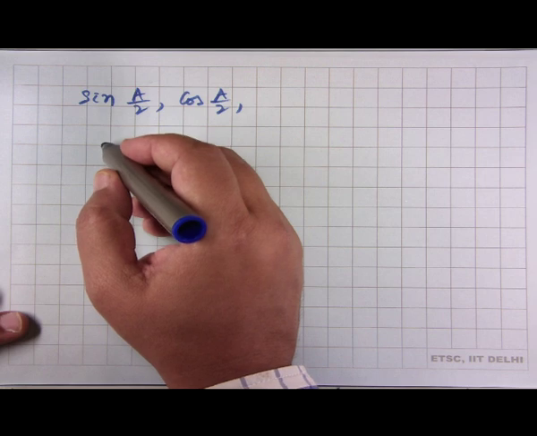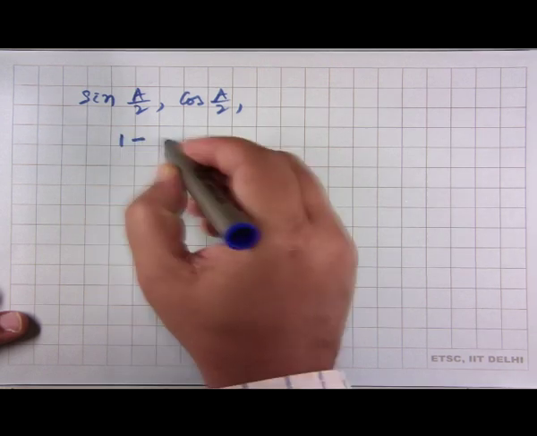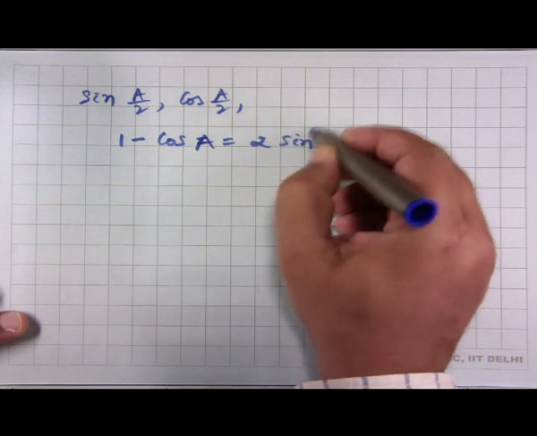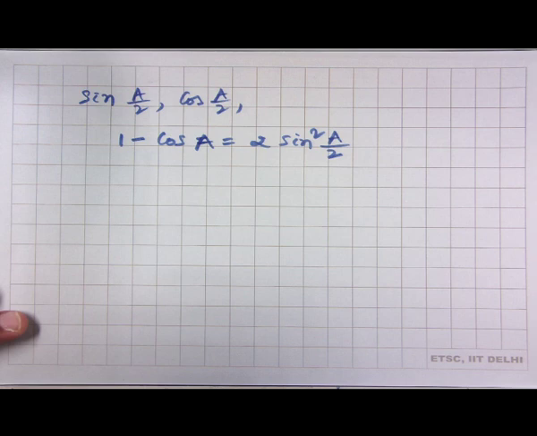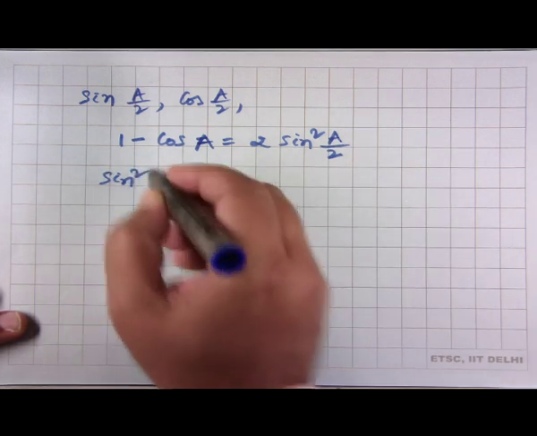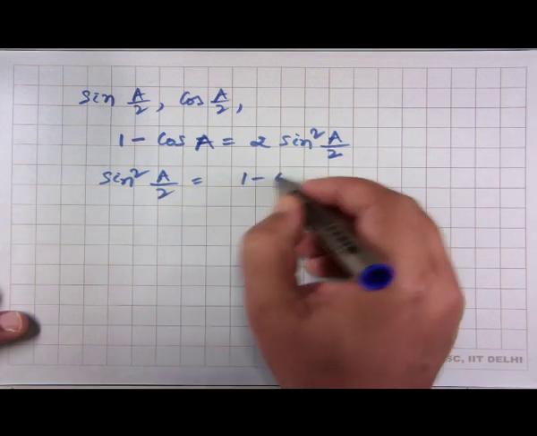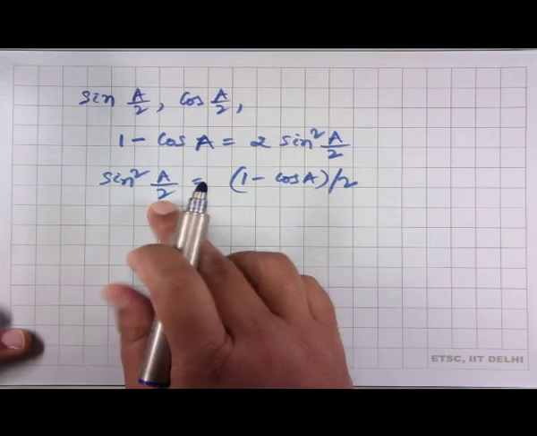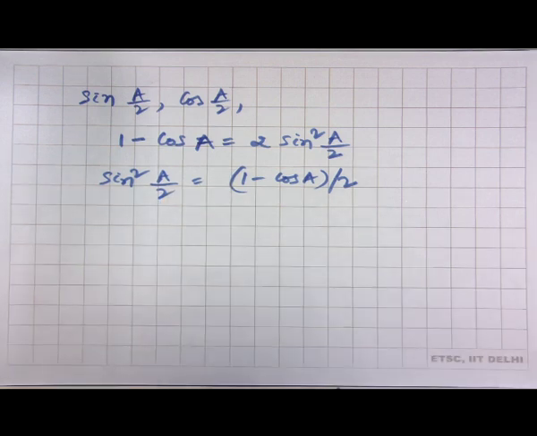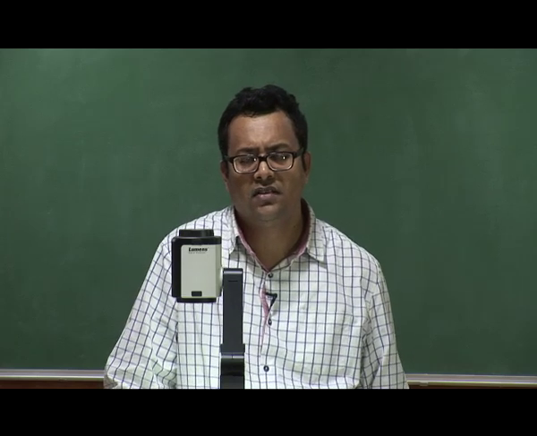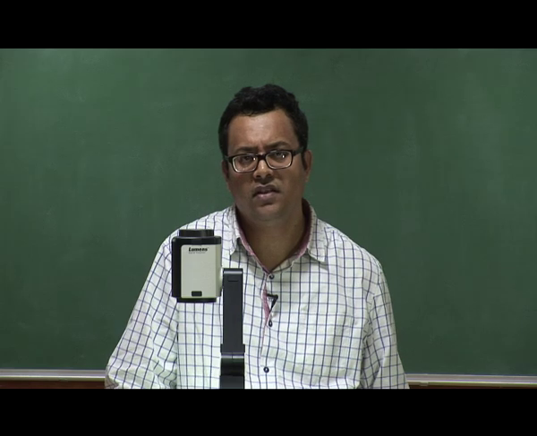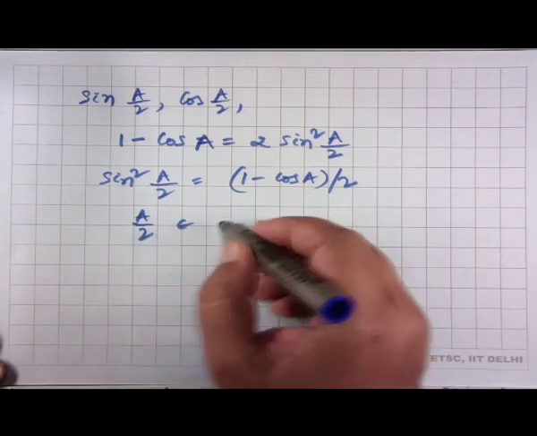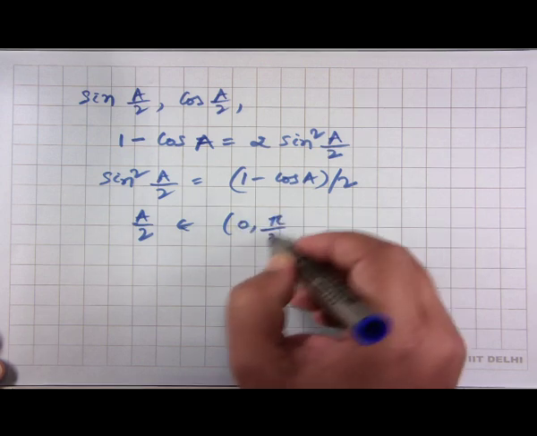From basic trigonometrical identities, we know that 1 minus cos A is equal to 2 sine square A by 2, or in other words, sine square A over 2 is (1 minus cos A) the whole divided by 2. Now, since the angle A is one of the three angles of a triangle, it is guaranteed that A will be between 0 and pi, and therefore A by 2 belongs to the interval 0 to pi by 2.